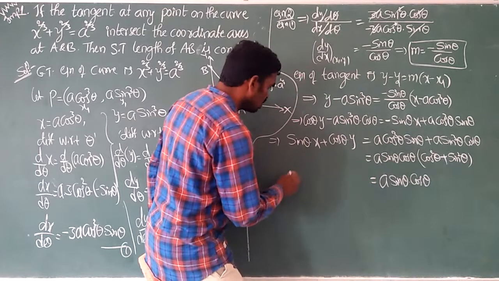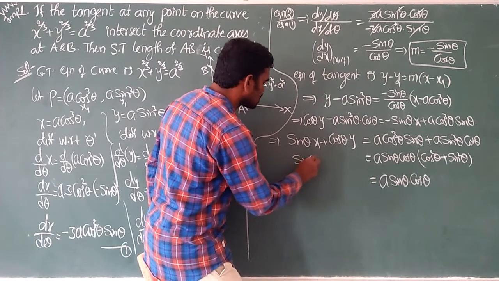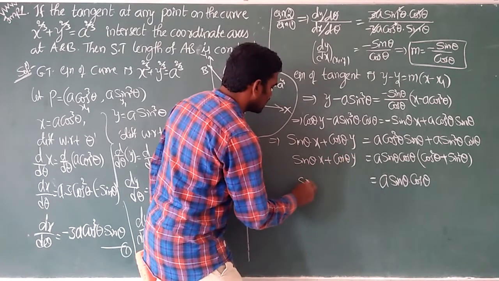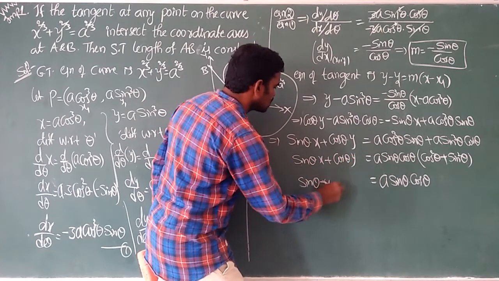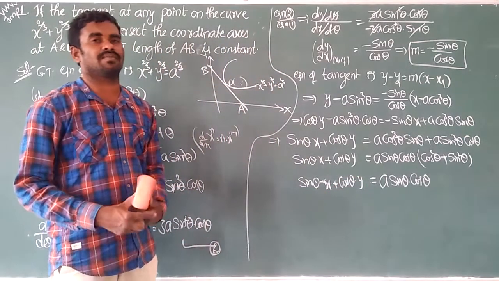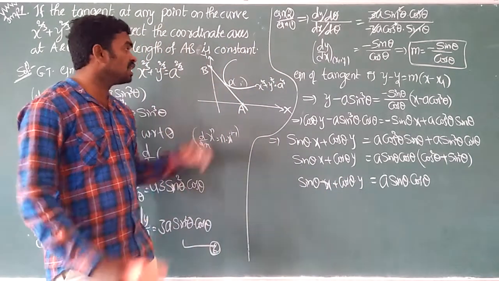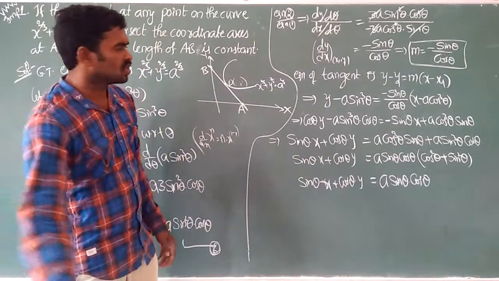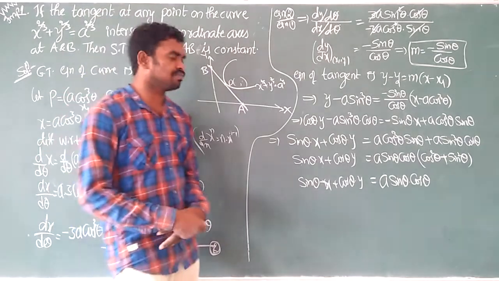So this is easily written, no changes: sin theta into x plus cos theta into y. So we should get the intercept form. Am I right? If we know the intercept form, we can easily get what is a and what is b. So how can we get the intercept form?